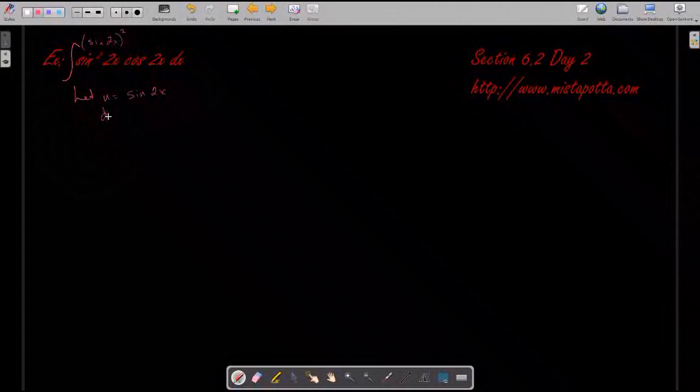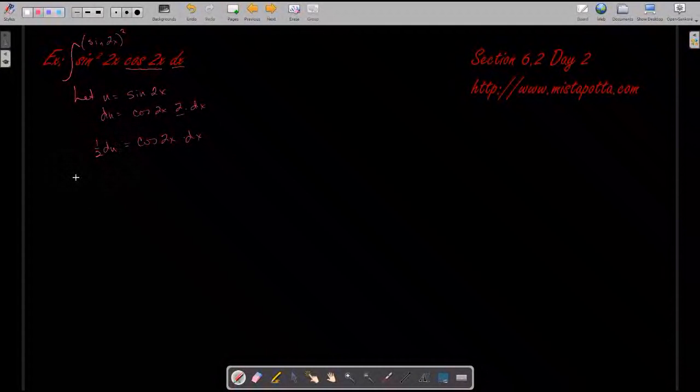Then du in this case would be equal to the cosine of 2x times 2 dx. And I have the cosine of 2x, I have the dx, I just don't have this 2. So I know that the cosine of 2x times dx is really equal to 1/2 du.